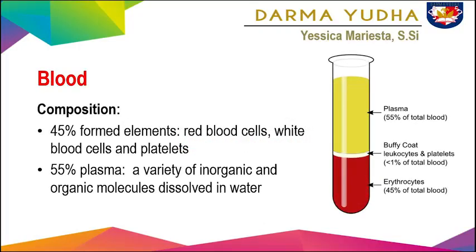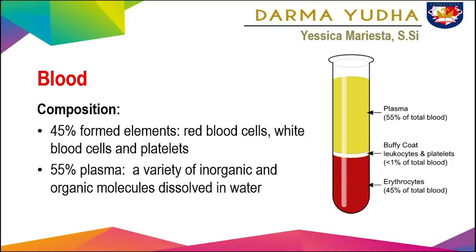In this slide, you can see pictures of blood that has been separated by the centrifuge. After the separation, we know the composition of the blood: 55% of the blood is the plasma, which is a variety of inorganic and organic molecules dissolved in water, and it is represented by the color yellow in the picture.